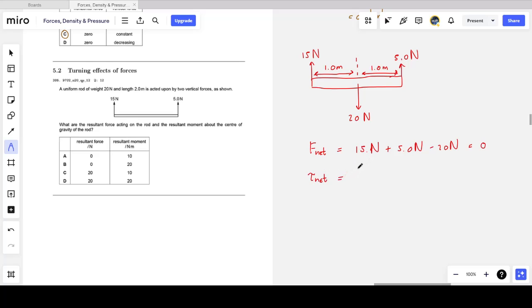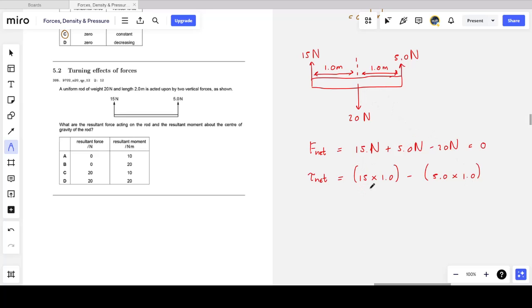And this is equal to, let's look at the turning effect of the 15 Newton force. So that's 15 newtons times 1 meter, since the perpendicular distance of that force is a meter to the center of gravity of this rod, which is the central point. Now minus the 5 Newton force, also acting at a meter perpendicularly from the rod.